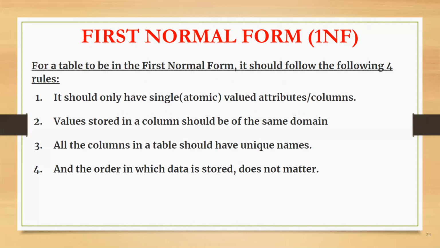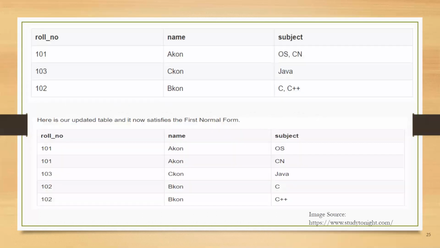Let's take an example. Here on your screen, you can see a student table with the fields student roll number, name and subject. This table already satisfies three rules out of the four. All the column names are unique here, we have stored them in the order we want to, and they have not been intermixed with different types of data in the columns.